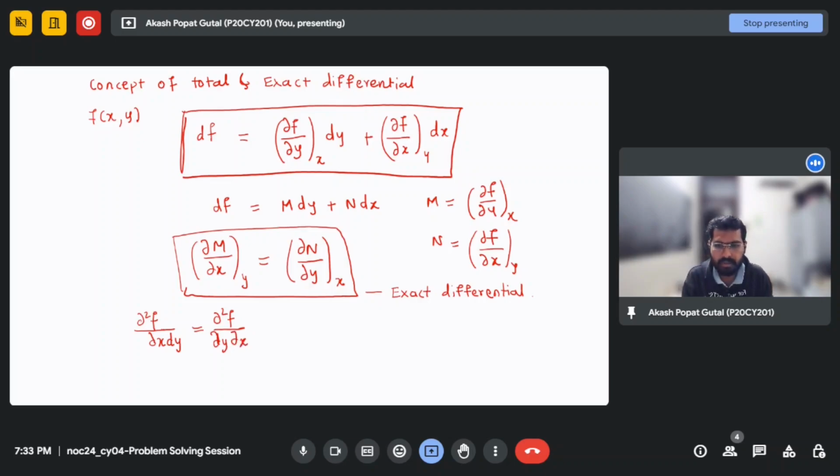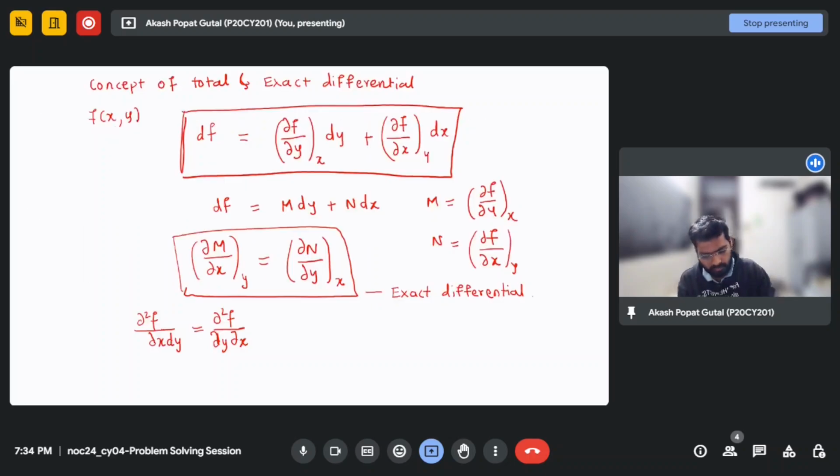So the order of the two changes should not affect the change in the value of that function. That is what we call an exact differential. This equation implies the same.